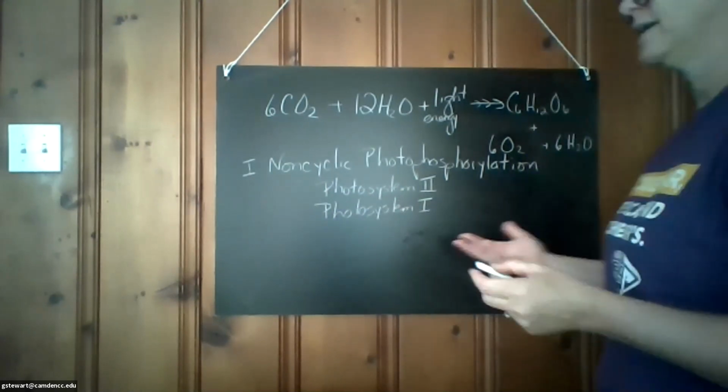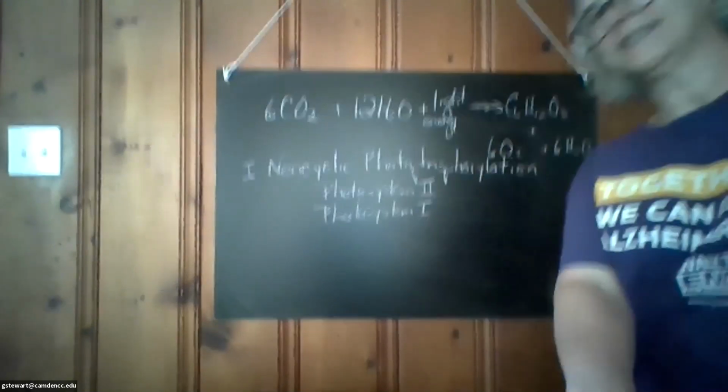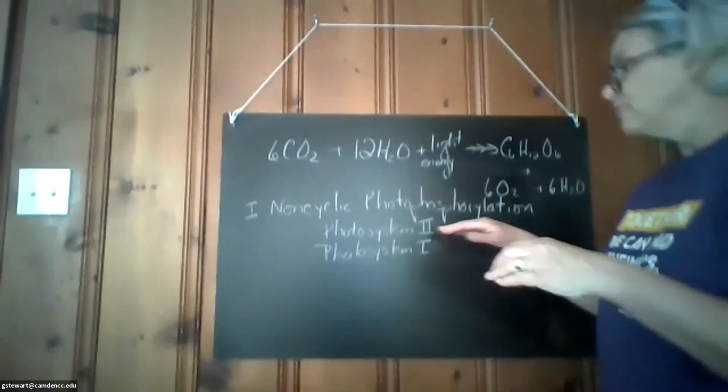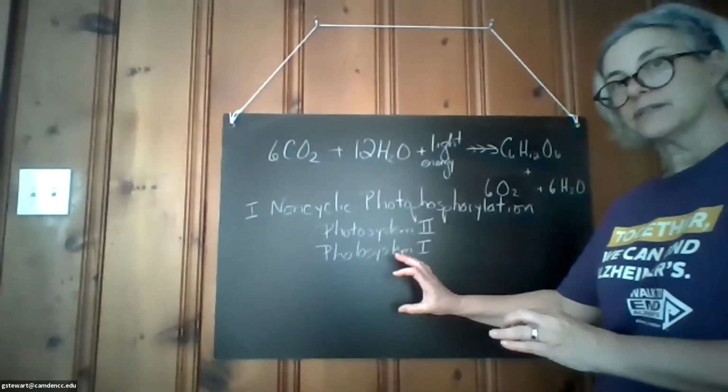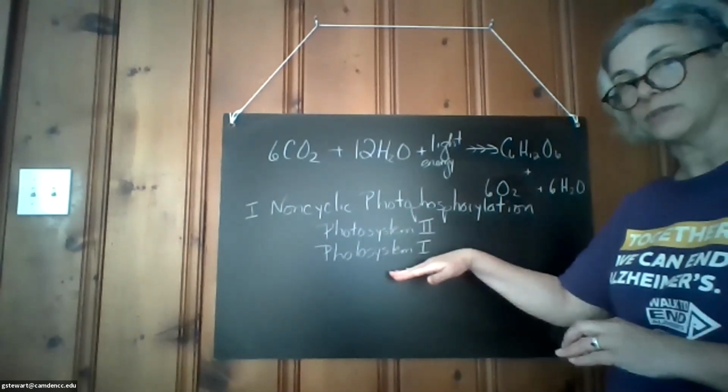And you might think, well, why didn't she put 1 first? Because in the cell, in the chloroplast, what we're going to see is that photosystem 2 physically is first. So we list them: photosystem 2, then photosystem 1.